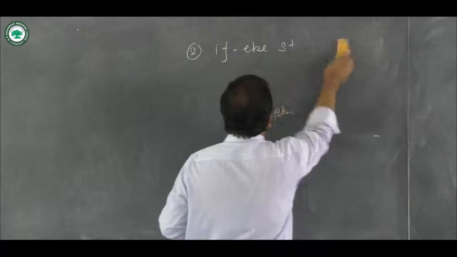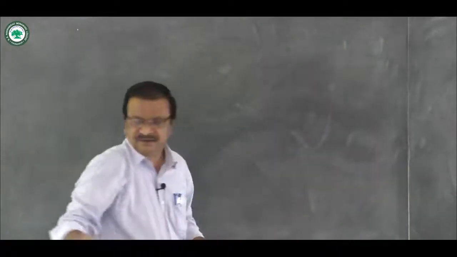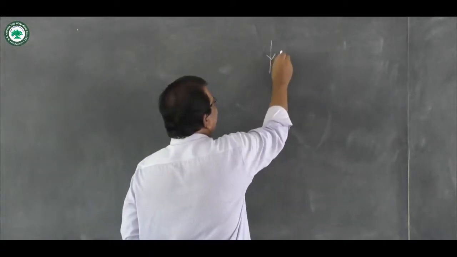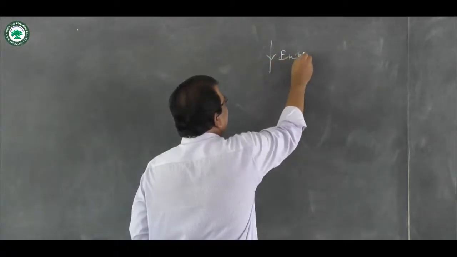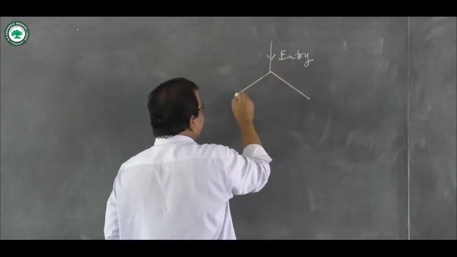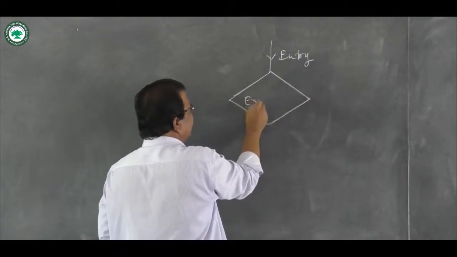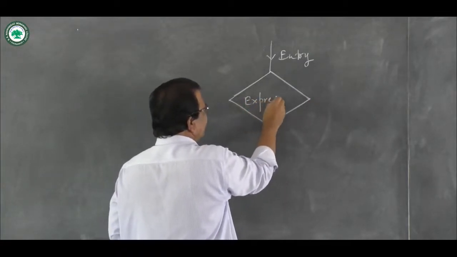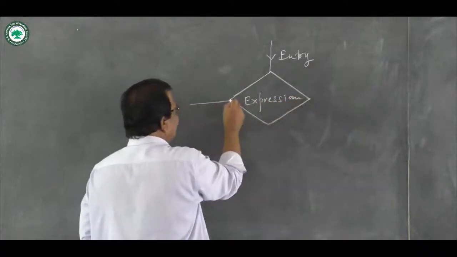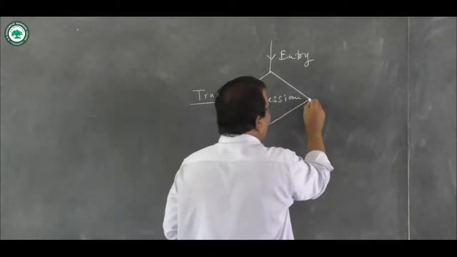Let us see the pictorial representation of the if-else statement. Here we have the entry of control. In this decision making or diamond shaped box, we have the test condition or expression, which is often a relational expression, which will result either in true or false.